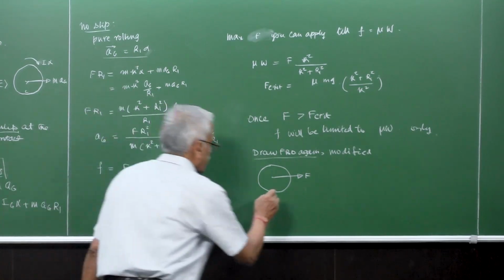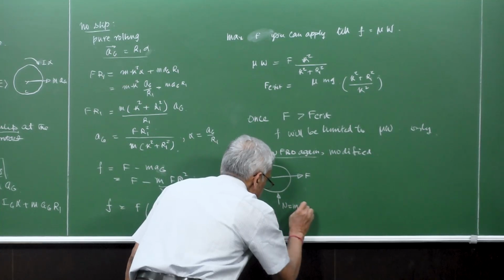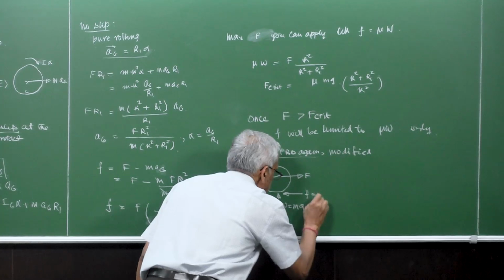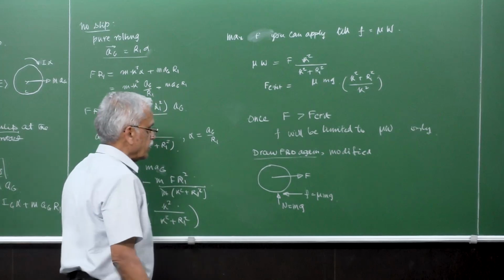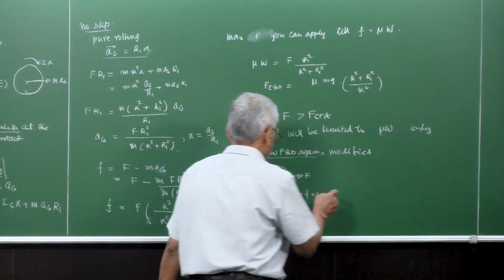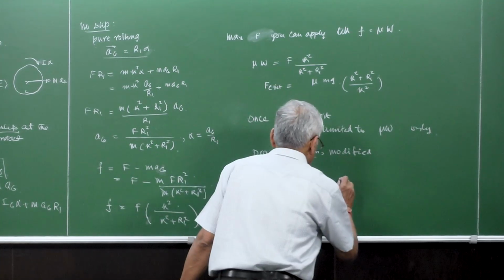Okay, and this is N, which is equal to mg, and this is f, mu mg. This is the maximum value. Okay, and so it is no more related by other means.